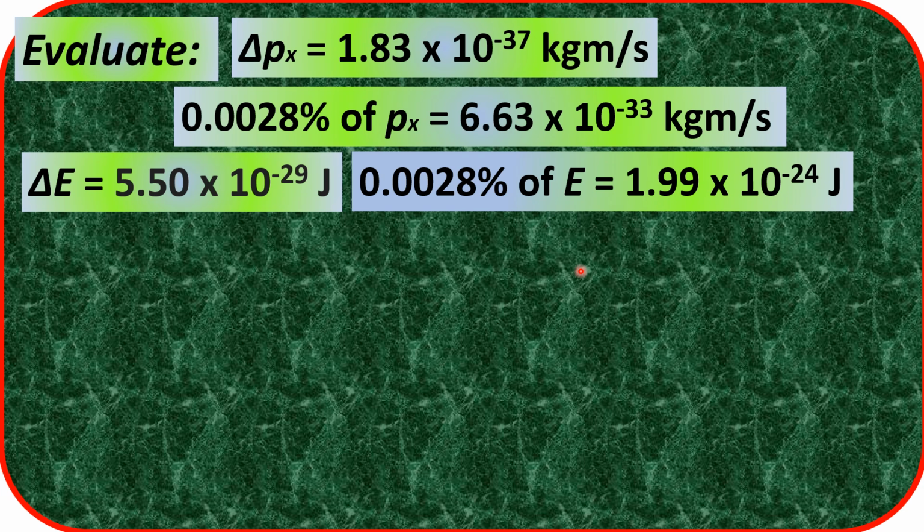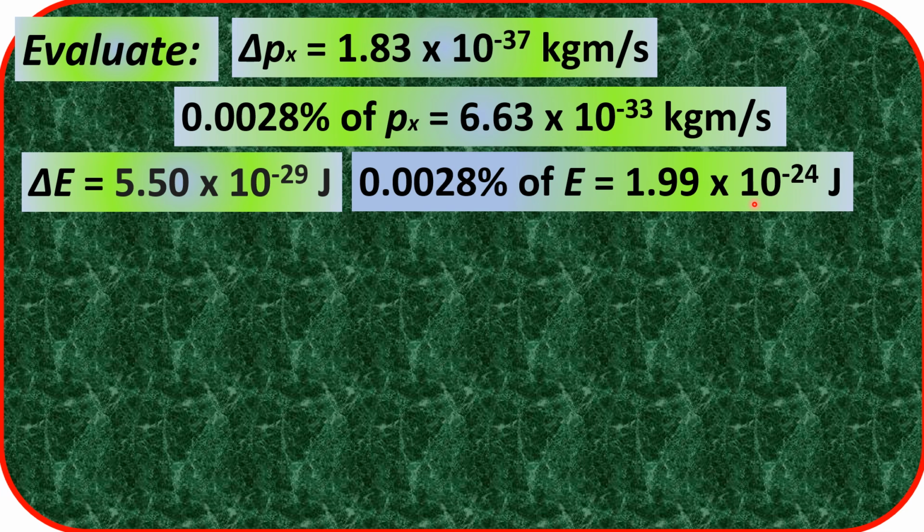In other words, both the energy uncertainty and the momentum uncertainty are relatively small for radio wave pulses. All right. For instance, the estimated energy of each radio wave photon could possibly range from 1.99 times 10 to the negative 24 joules plus or minus 0.0028% only.